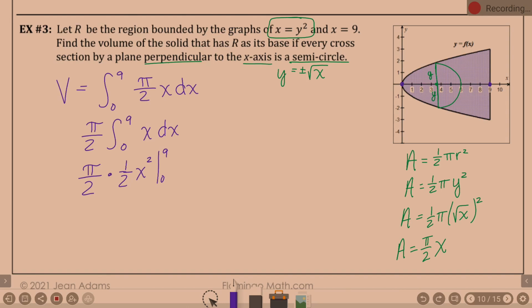So I'm going to say this is pi over 4 times 9 squared minus 0 squared. Do you like my answer? Yes. I wrote it as 81 pi over 4. 81 fourths pi, I don't know, however else you want to write it.